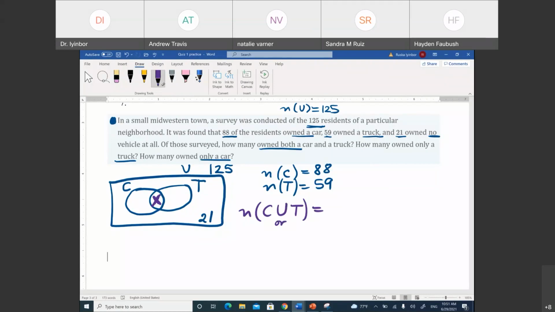So a car or truck. It's not exactly like that because some of those 88 have both, and some of those 59 have both also. So it's not quite like that. But you can use the formula you have from the slides. The number of car or truck is the number of cars plus the number of trucks minus the common part, right? Both.